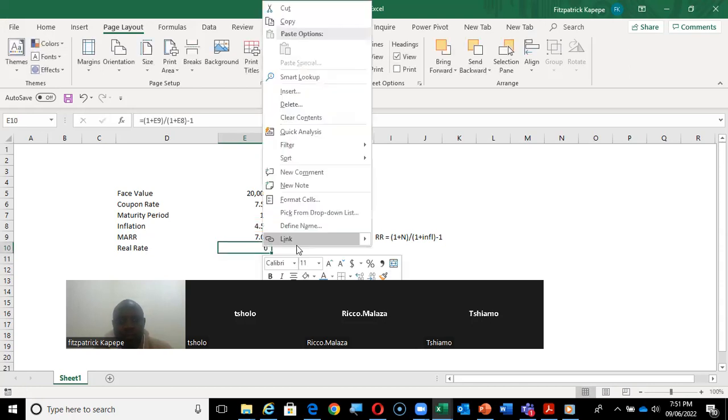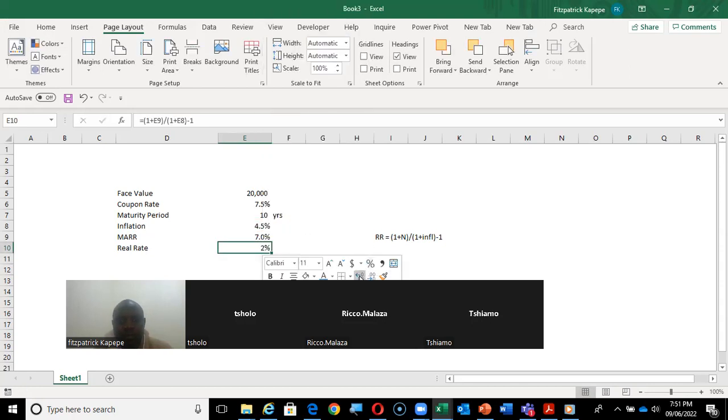Why are we using MAR, not the coupon rate, as a nominal? Remember that the coupon rate is the actual money that you're getting. It's not a discounted thing.